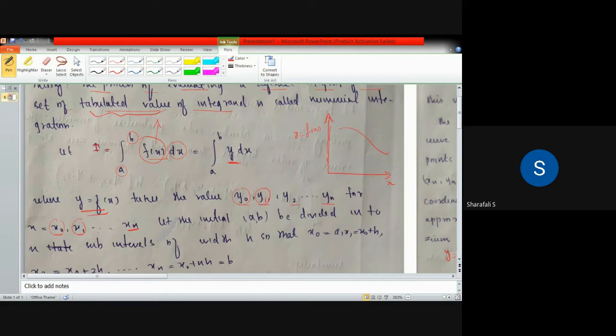If you consider any x value on this x-axis, correspondingly you will have a y value. So this is your x0, and correspondingly you will have y0 here. This is x1, you will have y1. This is x2, you will have y2, and so on.